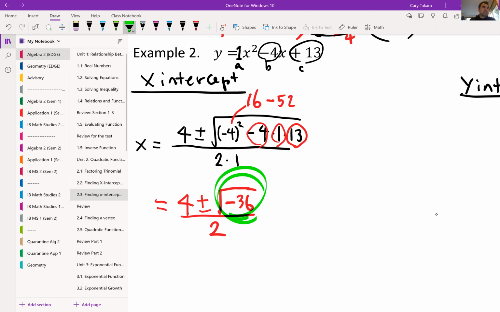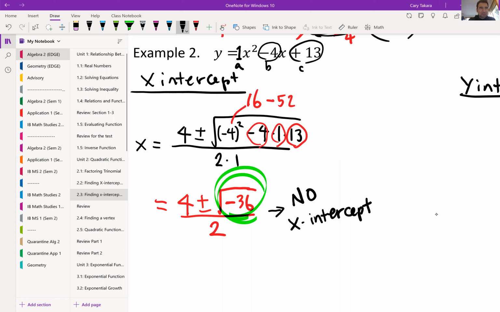You will not be able to take a square root of a negative number, okay? So that means if you get the square root of a negative number, then you will have to say no x-intercept. The x-intercept doesn't exist.